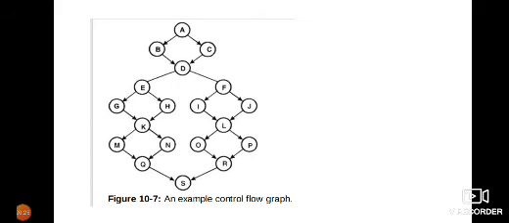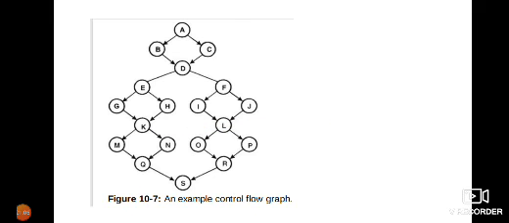So I have 6 predicate nodes: A, D, E, F, K and L. So 6 plus 1 is 7 again. 7 is the cyclomatic complexity.